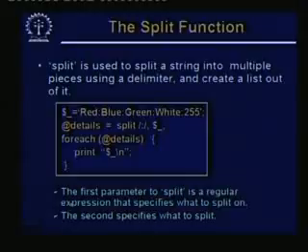We start by looking at some of the very interesting string functions. The first function is called split. Split, as the name implies, is used to split a given string into multiple pieces using a specified delimiter. Given a string, there are certain defined delimiters; it can be a colon, it can be a space.